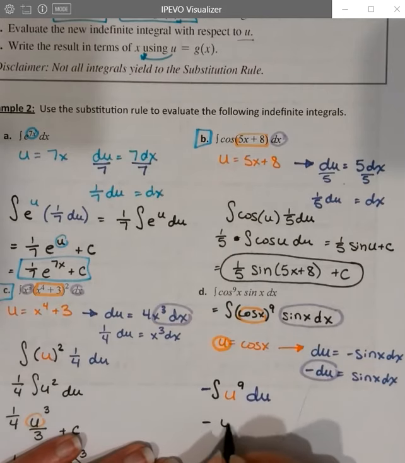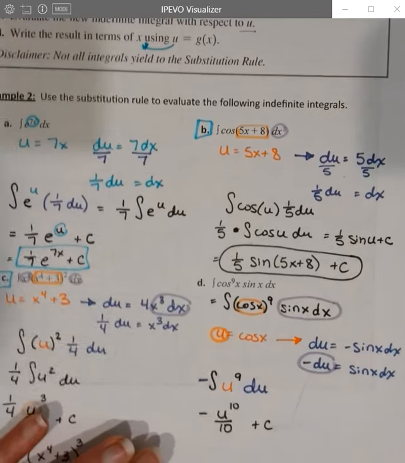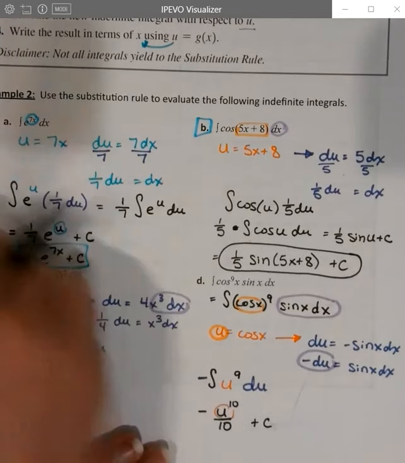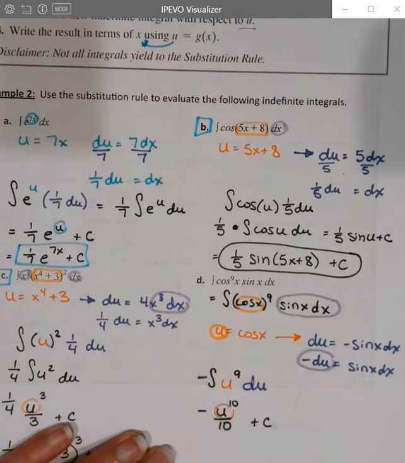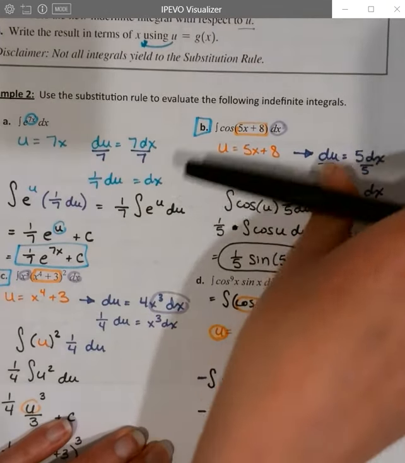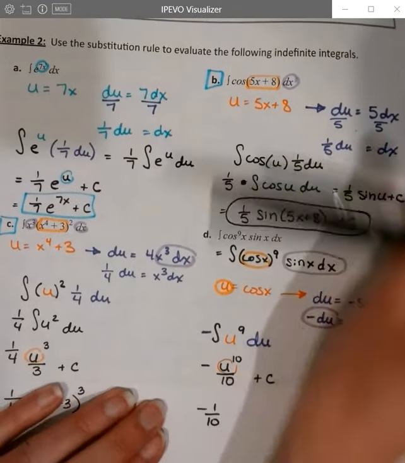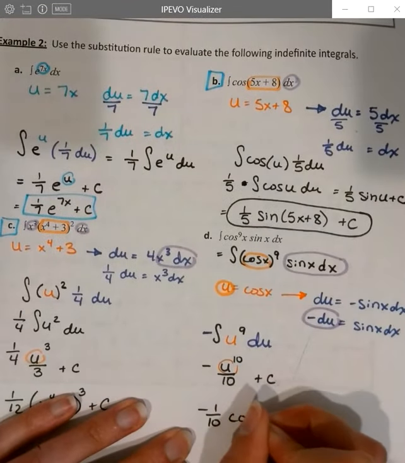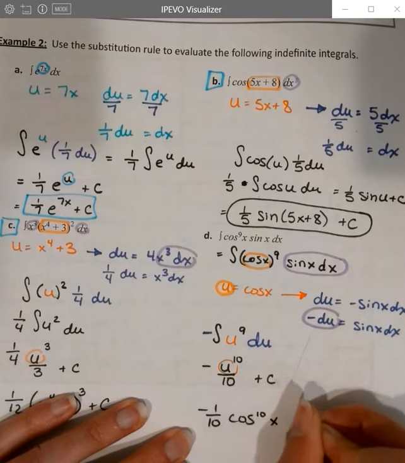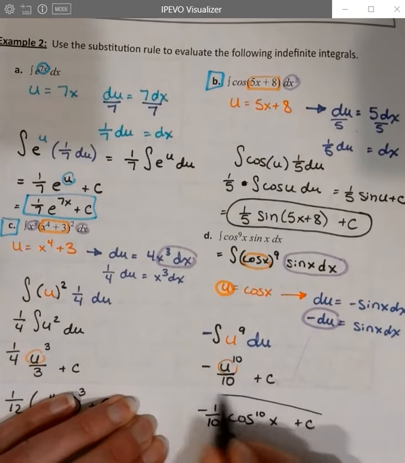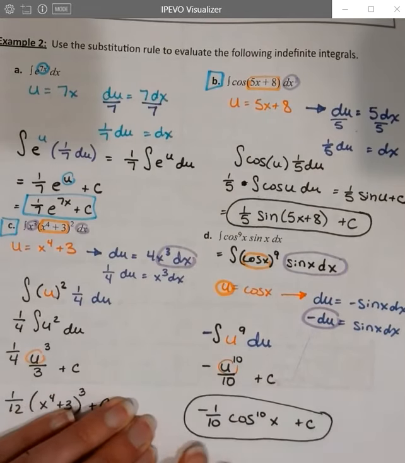So I have negative u to the 10th over 10 plus c. Replace our u with cosine. So negative 1/10. And I'm going to use shorthand notation for this. So instead of cosine parentheses, we're just going to use the shorthand notation of cosine the 10th of x plus c. We've got our general antiderivative.